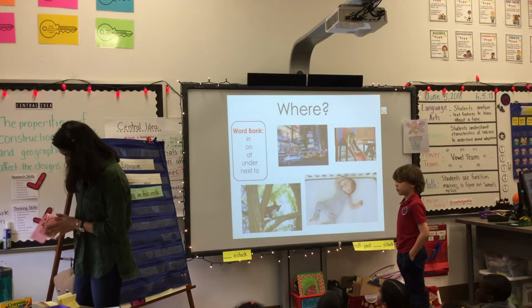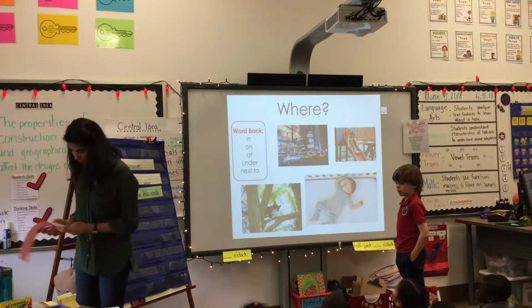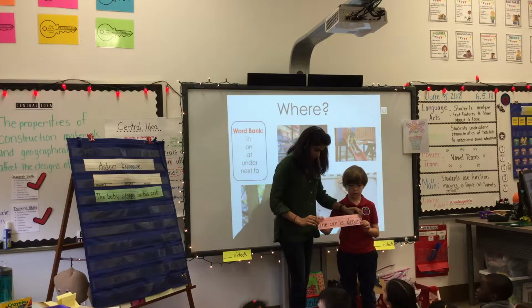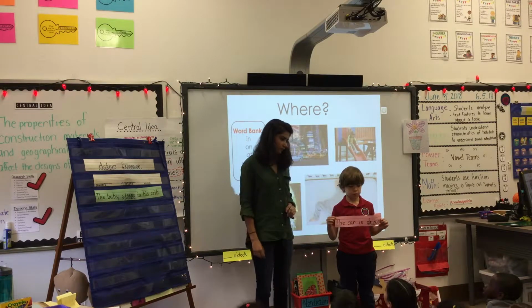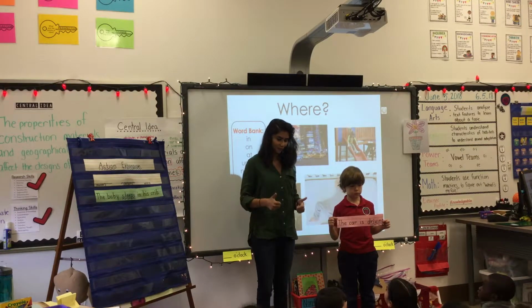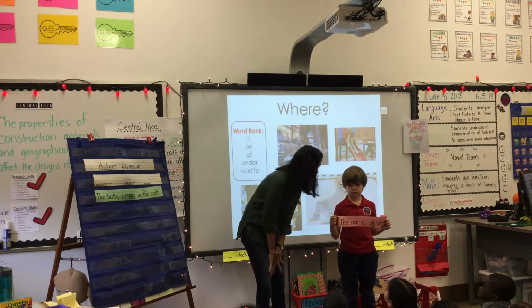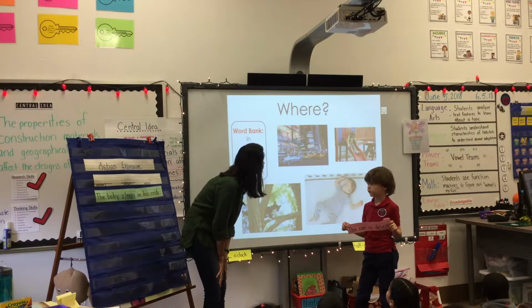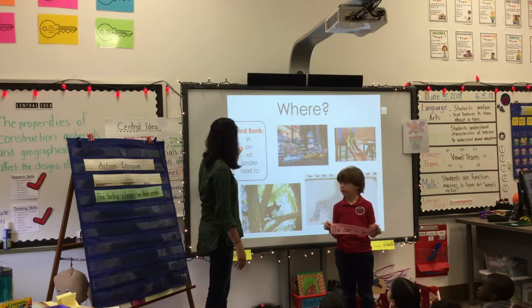Awesome. So far, you gave us the simple namer and action. Hold your sentence up for everybody. Everybody read it. The car is driving. Can you expand it with the where? On the street. That would work.